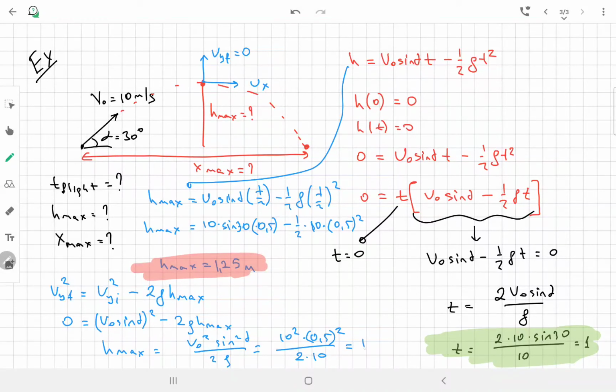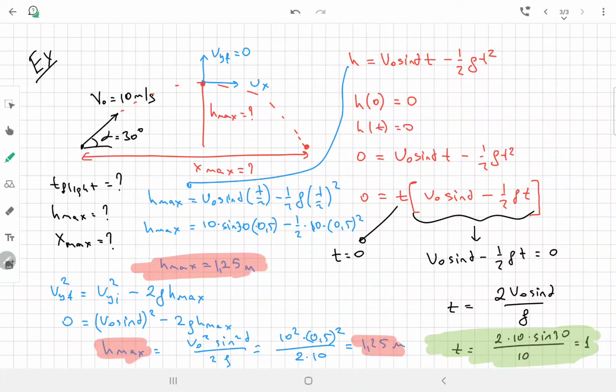Again, we will get the same answer, 1.25 meters. So height max again equal to 1.25. So this is a second method. So you can use either of these two methods in order to solve this kind of problem.